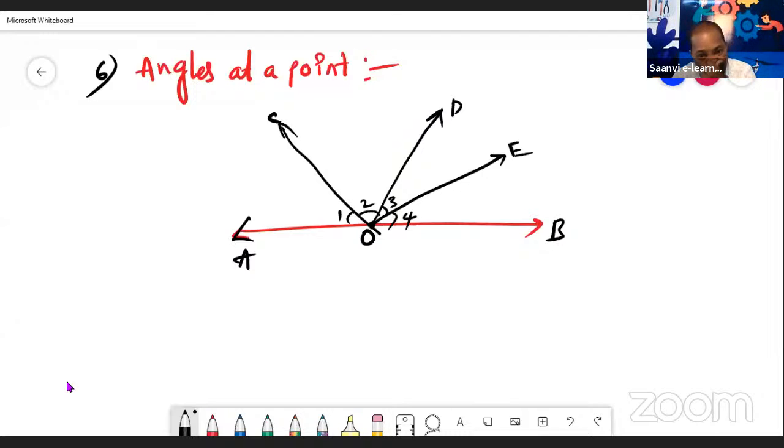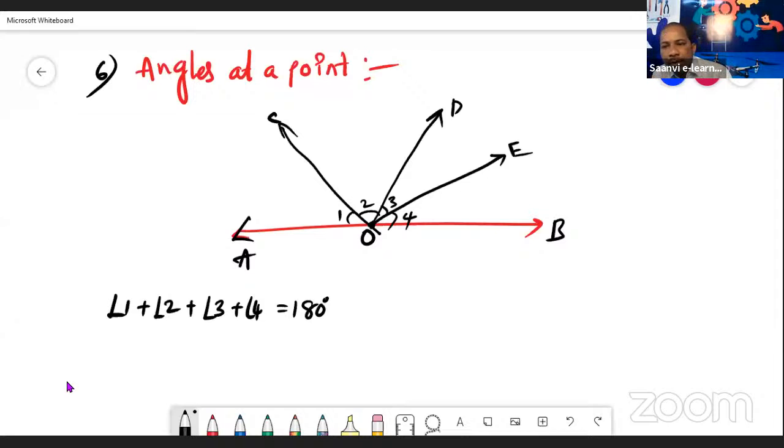So if we observe, these four angles are formed at a point O and on the same line AB. Like this, if the angles are formed at a point on the same line, the sum of all those angles is equal to 180 degrees. Remember this very important point.